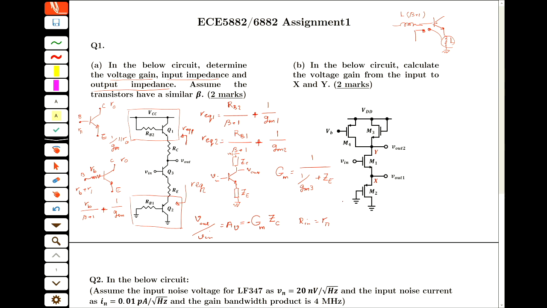It is R pi plus, if this impedance ZC is going into the base, beta plus 1 times ZC.